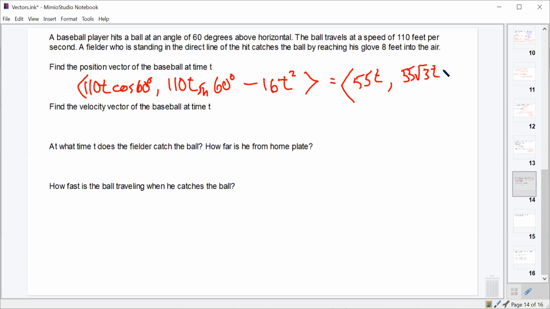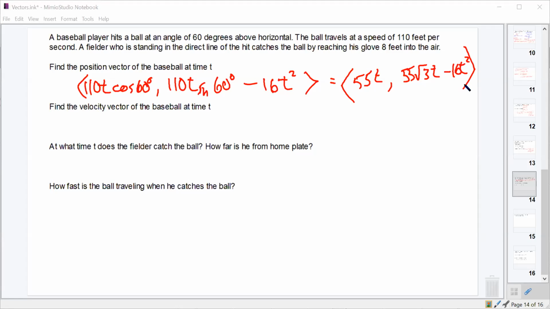And then minus our 16 t squared. Good or no? So there's our position vector.